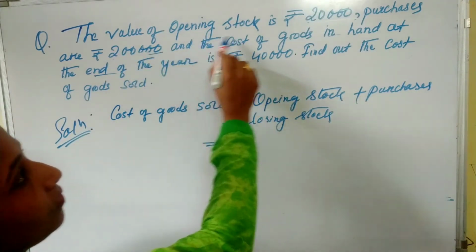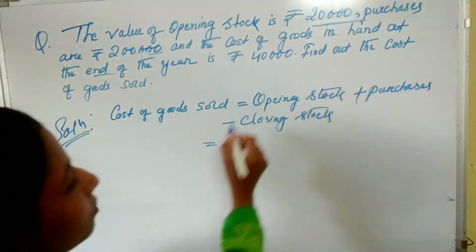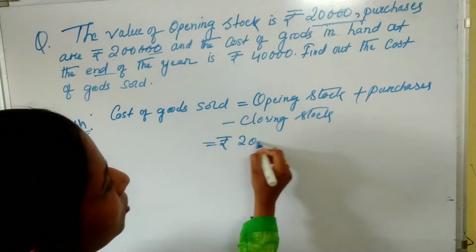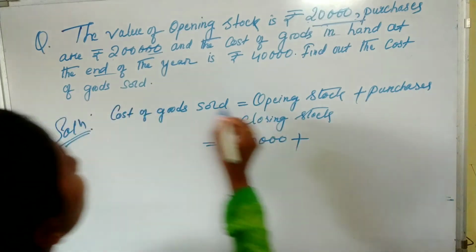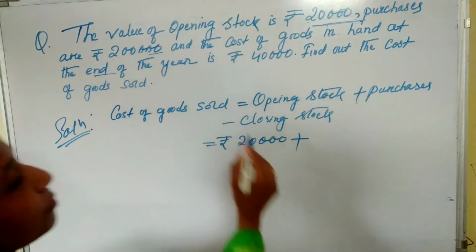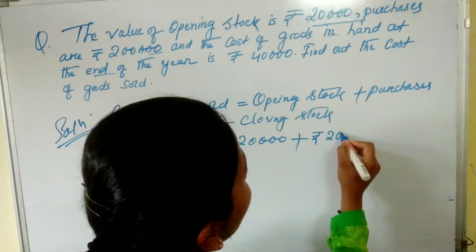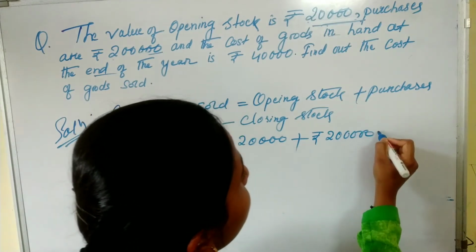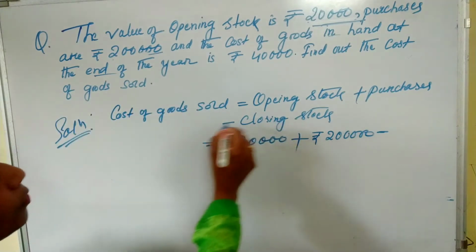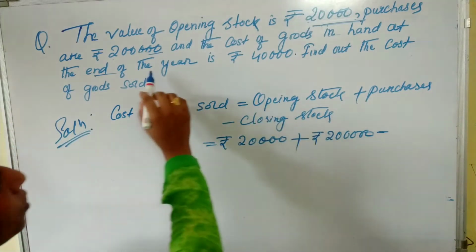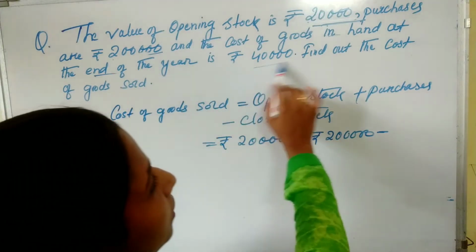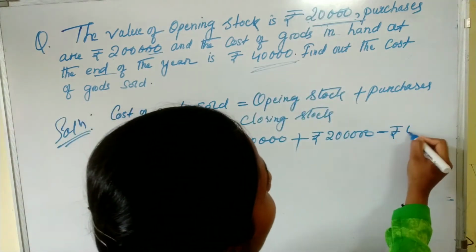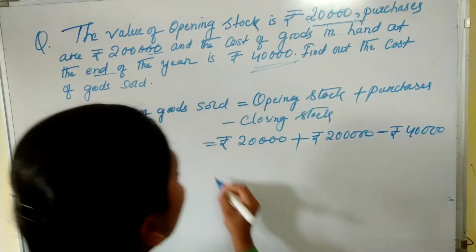Opening stock as given in our question is 20,000 rupees, and then we will add purchases of 2 lakhs, minus closing stock at the end of the year, 40,000 rupees.